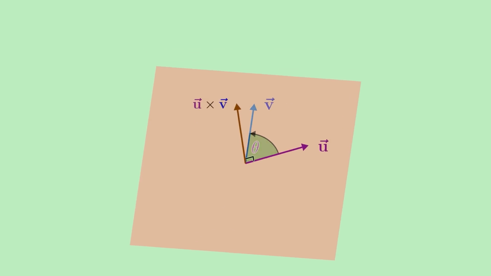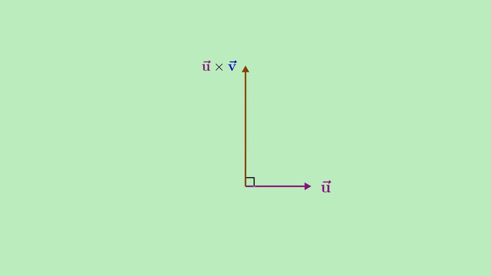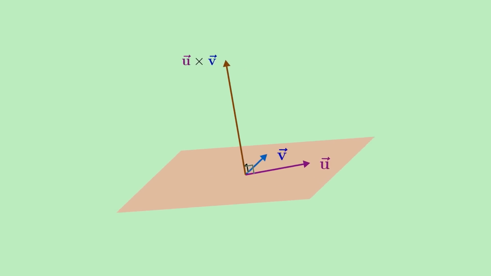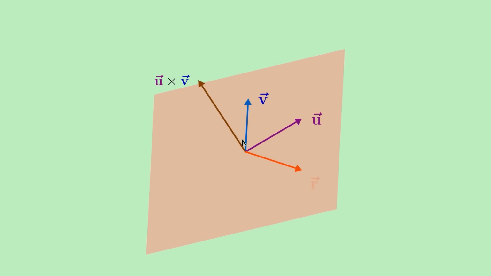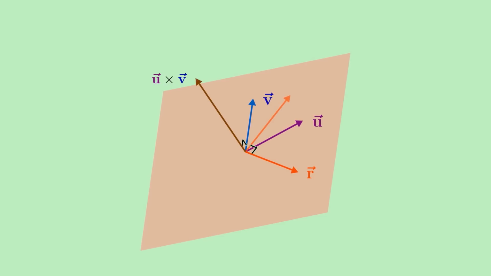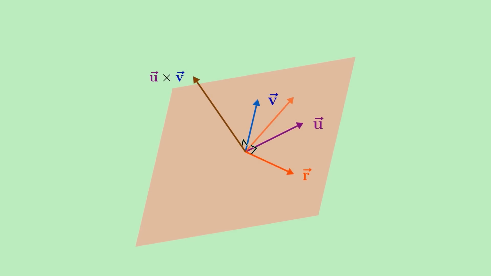The key feature about the cross product that will be useful for us is that the result of cross-producting two vectors is always a vector perpendicular to both. That is, a vector 90 degrees away from the others. This means that if you're clever about it, you can get the cross product to perform a 90-degree rotation for you in any plane you want, such as in the uv plane in the direction from u toward v.